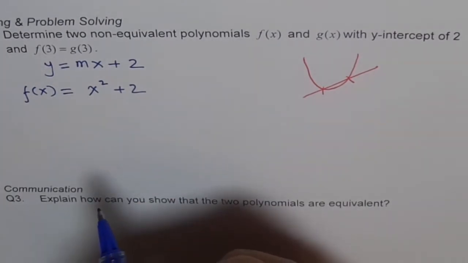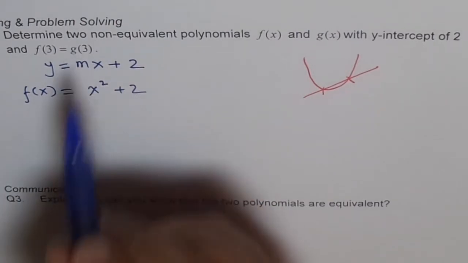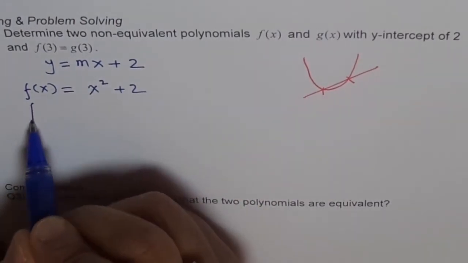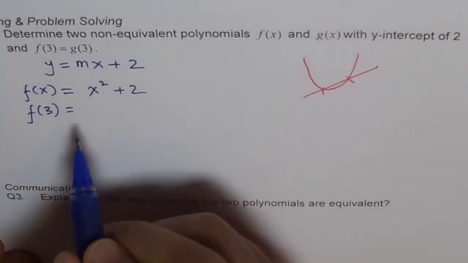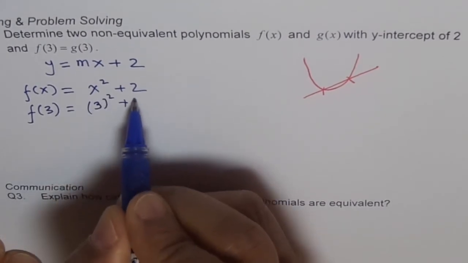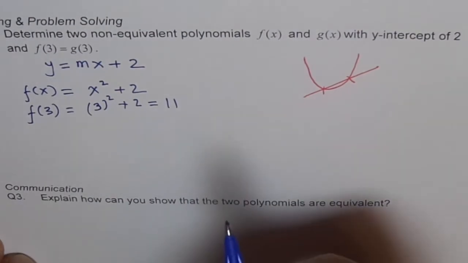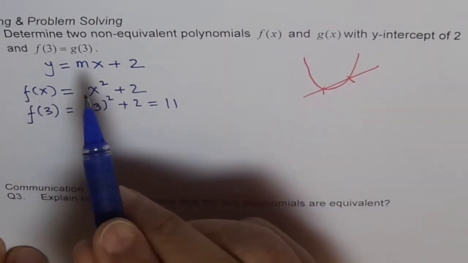Now the second condition is f(3) is the same as g(3). So we will find the value at 3 for our first equation, which is a parabola. That means 3 squared plus 2, which is 9 plus 2, is 11. Correct. So we want this point to lie on our g(x).